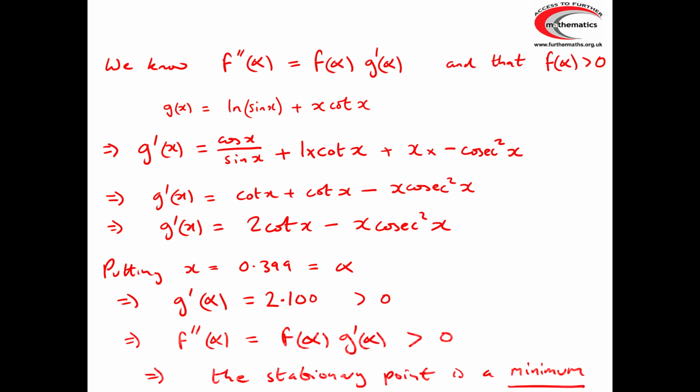Now that in turn tells me that f''(alpha) is f(alpha) times g'(alpha). f(alpha) is positive, g'(alpha) is positive, so f''(alpha) must be positive. So we know that alpha is a stationary point. We've seen that f''(alpha) is positive, so that enables us to deduce that the stationary point is a minimum.